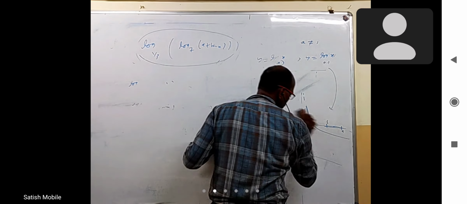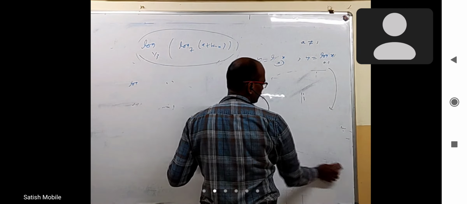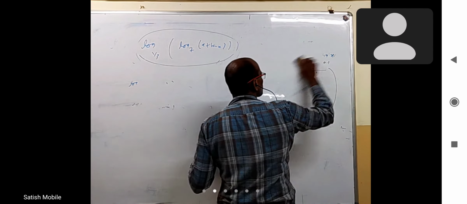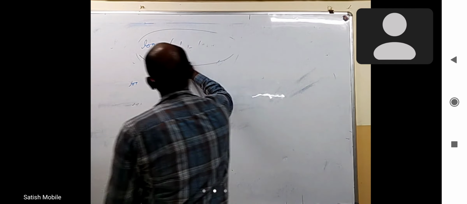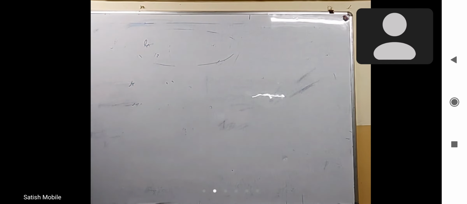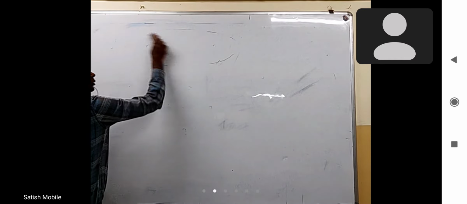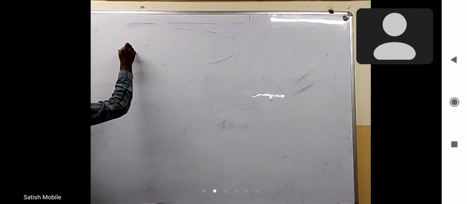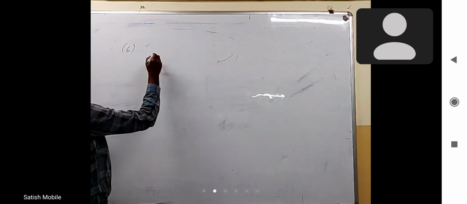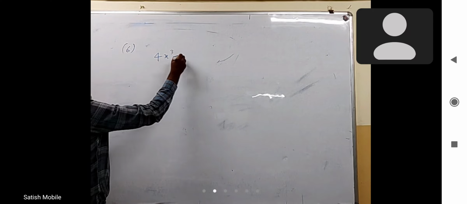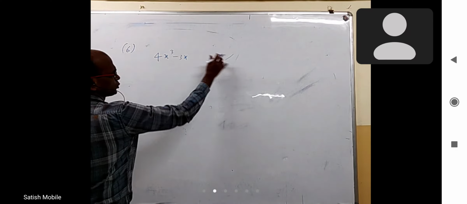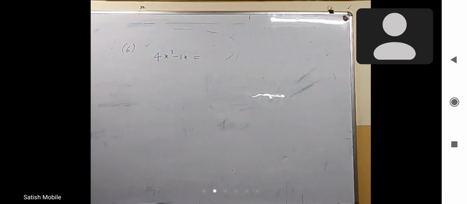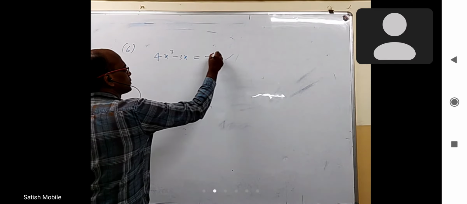I am telling you, a few questions may be difficult, but you have to try questions on your own. It's very, very important. The sixth question: in that question, we can consider x is equal to cos theta. You multiply by 4, you will get 4x cube minus 3x is equal to minus root 3 by 2.